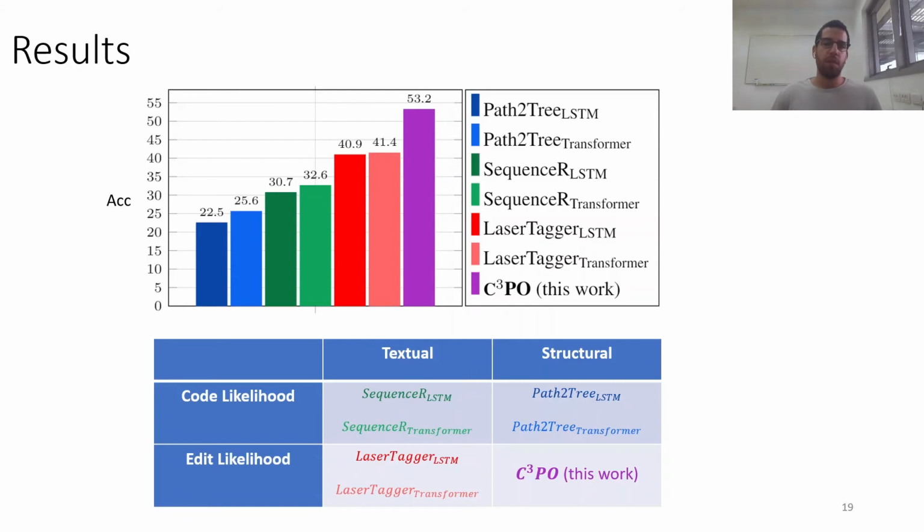Greens are textual representation and code likelihood, reds are textual representation and edit likelihood, blues are structural representation and code likelihood, and purple is structural representation and edit likelihood. As we can see, our model gains more than 11% absolute accuracy over the strongest baseline, which is LaserTagger with transformers backbone. These results emphasize the need for structural representation of both code and edit.